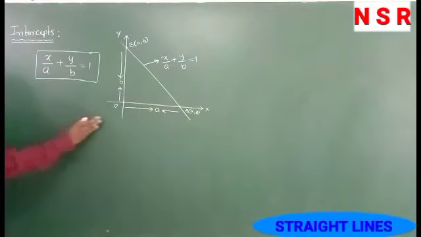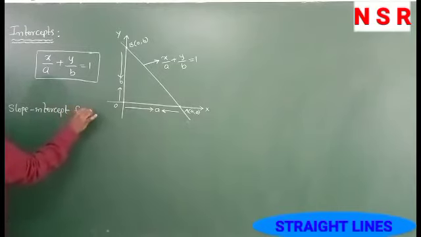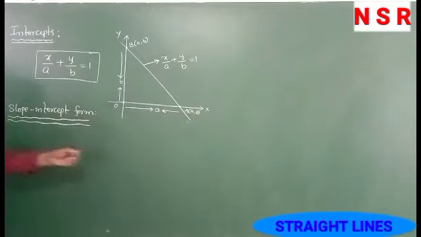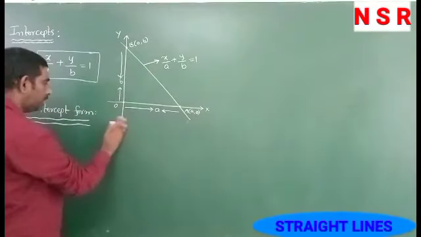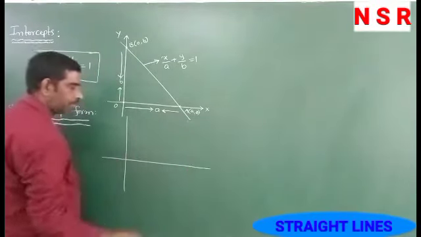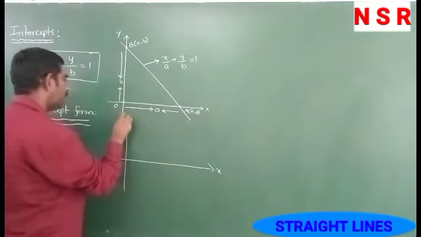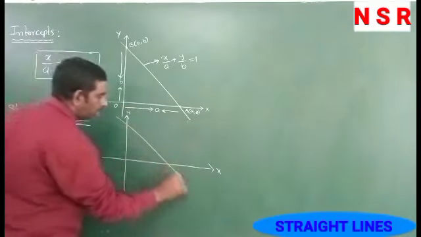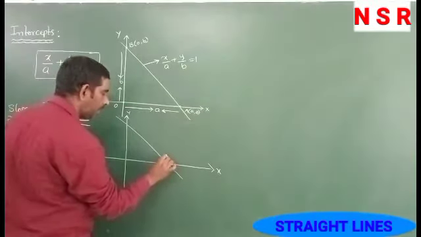So next one is the slope intercept form. Here we had two intercepts, but in this we have one intercept and one slope. Suppose this is x and y, and the line makes angle theta.